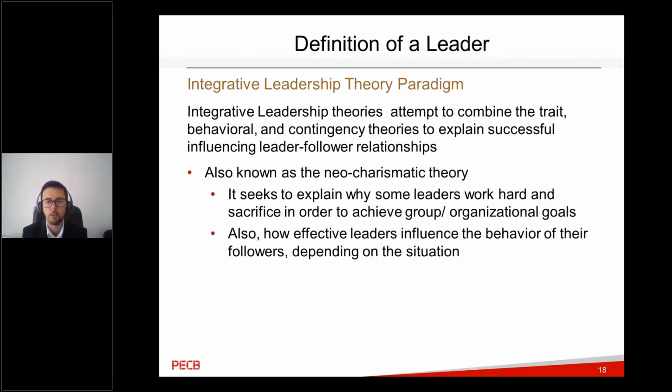That is also something that can be explained by the motivating and influence power of leaders. Also, it tends to explain how effective leaders influence the situation of the followers, depending on the situation. So we look at whether there is some combination of born traits or learned behaviors and other situational factors that better explain how leadership works in practice.